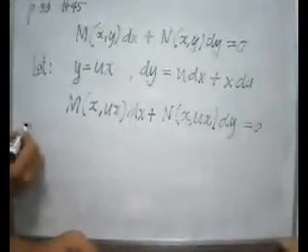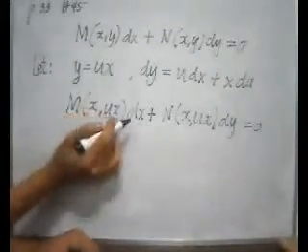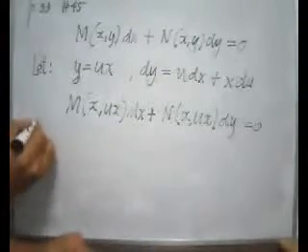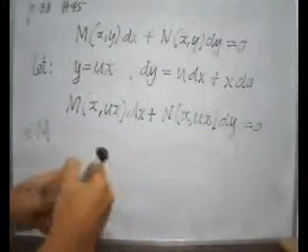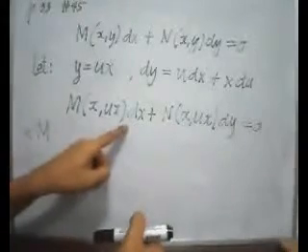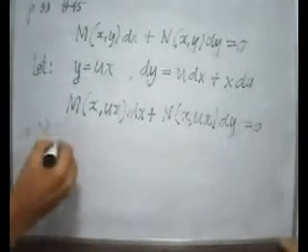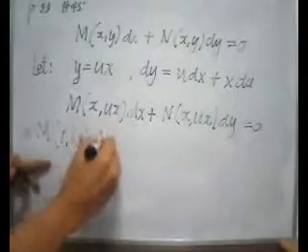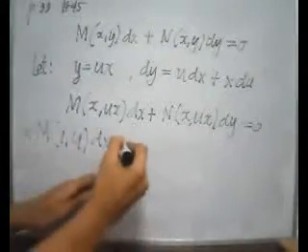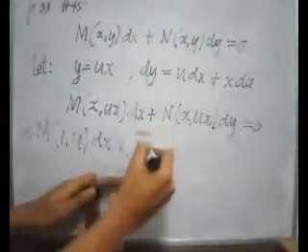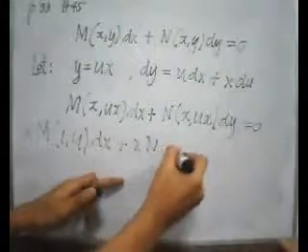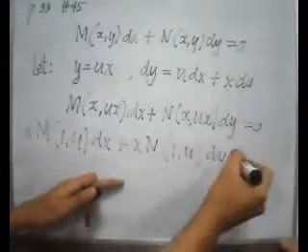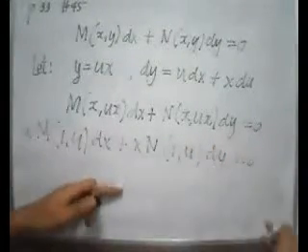So if I do, I will factor out the x's. So x M, where M stands for this whole expression, 1 and u, then dx, and then plus x N(1,u) dy equals 0.